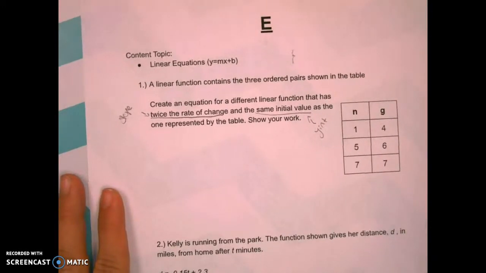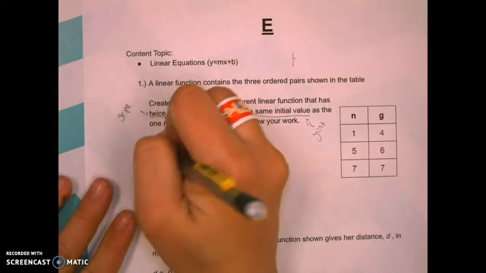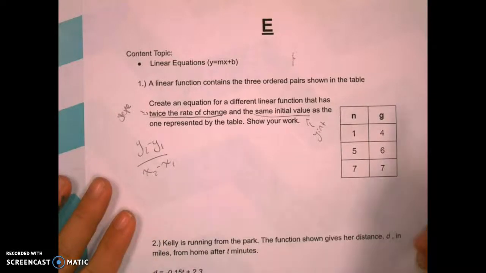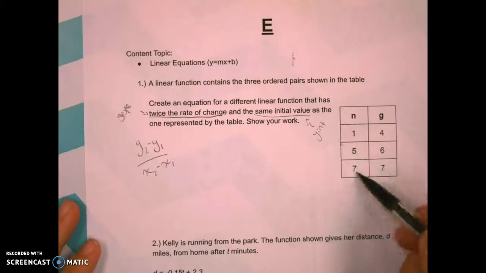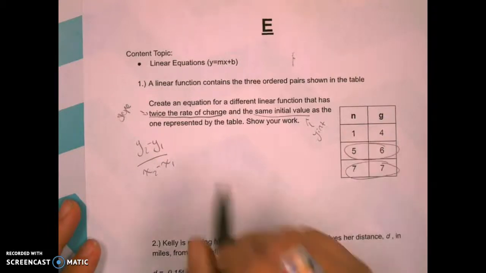Okay? So now I'm going to use the slope formula to find slope. So y2 minus y1 over x2 minus x1, because I'm not specifically given what the slope is, and these numbers change consistently. So I'm going to use 7, 7, and 5, 6.